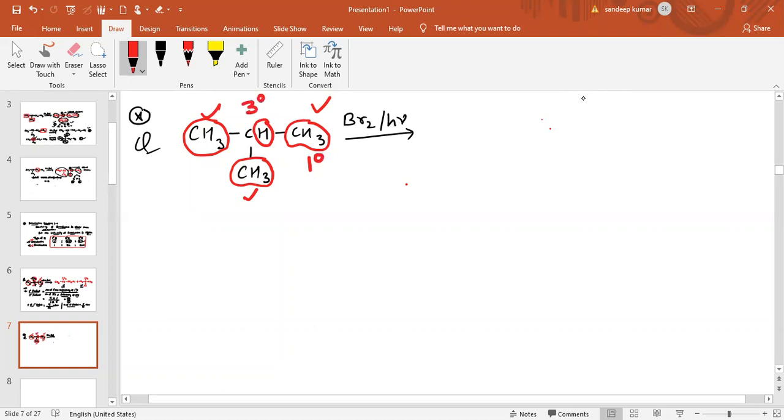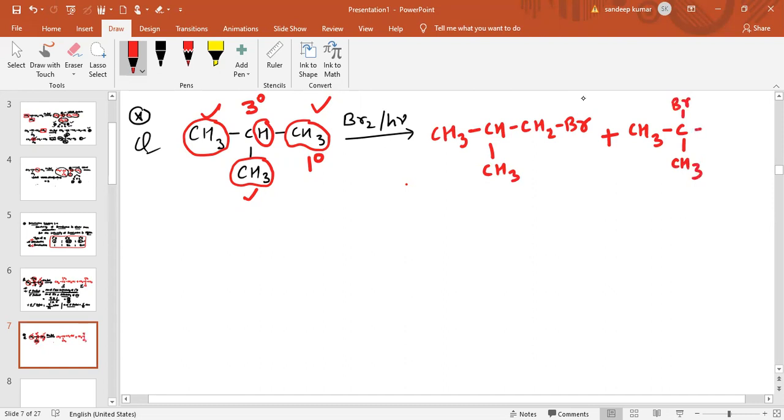So the products obtained: when you remove hydrogen and place bromine at 1 degree, the product will be like this: CH3, CH, CH3, and CH2Br. This one product is obtained. Now, if we remove the 3 degree hydrogen, then the product obtained is CH3C(CH3Br)CH3. So this is the 1 degree product, and this is the 3 degree product.